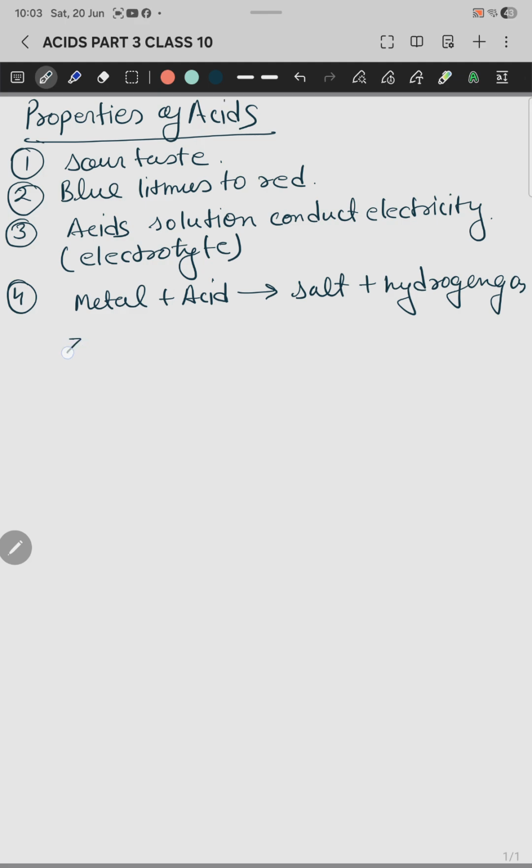Now I am taking one very common example: dilute H2SO4, that is sulfuric acid, gives out the salt, metal SO4, plus hydrogen gas evolves. So this is the way any metal reacts with an acid to give salt plus hydrogen gas.